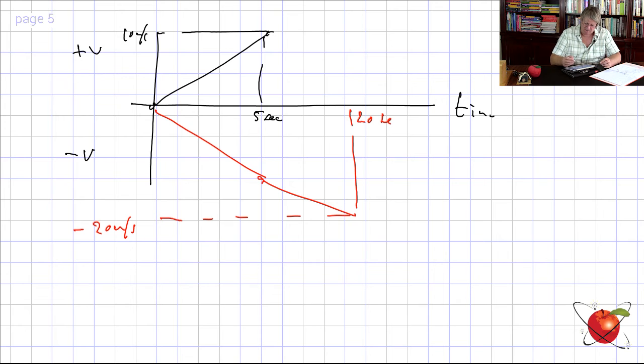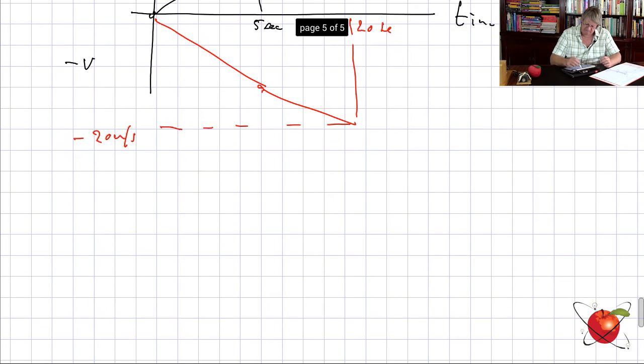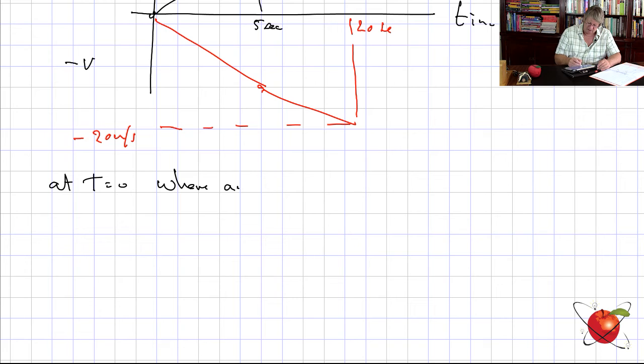At time 0, where am I? Okay? Let's ask the question. At t equals 0, where am I? What's happening to me? What am I doing?